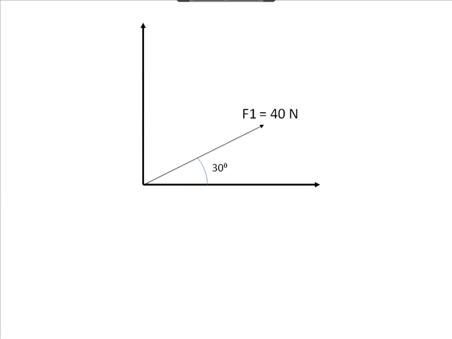We need some background and understanding about resolution of forces. Let's say I have this force F1 equal to 40 Newton inclined at 30 degree with x-axis. I want to resolve this force in x, y and z direction. Then 40 cos 30 is the component of this force in x direction. 40 sin 30 is the component of force in y direction.